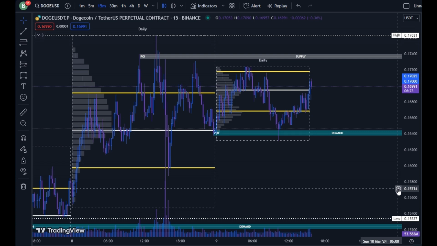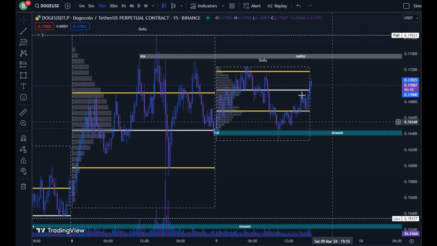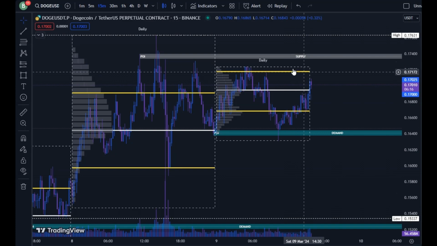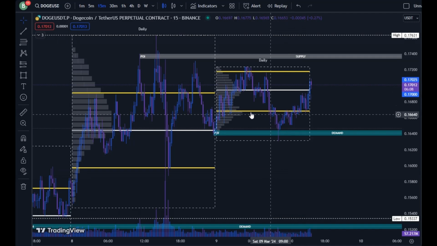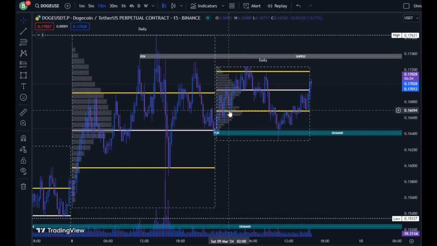This one's about volume profiles and value area high, which is this yellow here, point of control, and then we've got the value area low. What I've got on at the minute is session volume profiles.